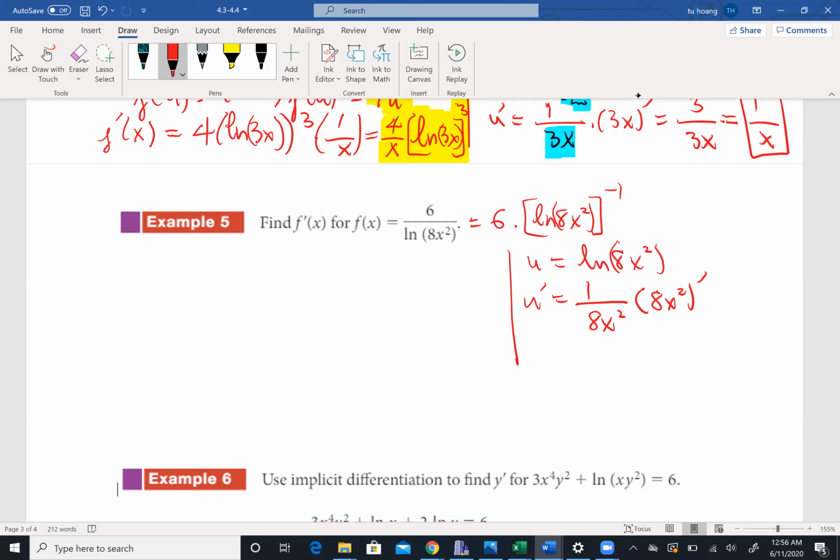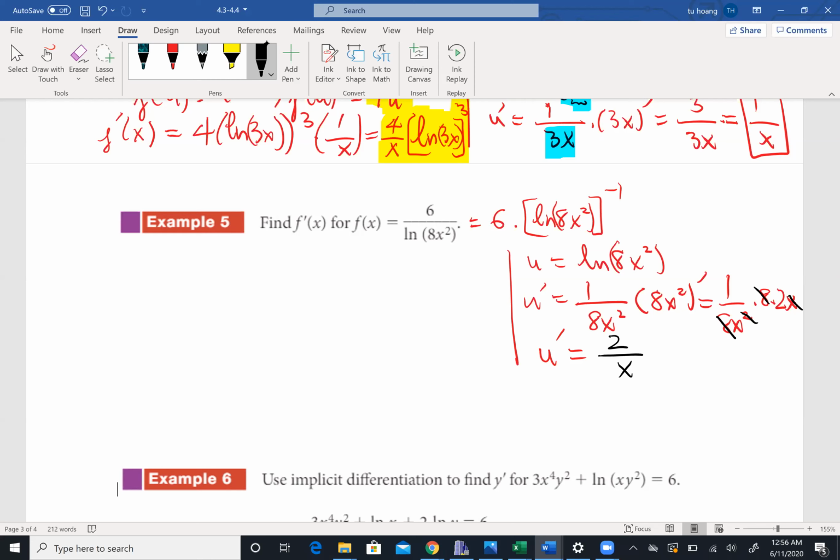Okay, so I would like to have 1 over 8x squared times 8 times 2 times x. And if I want to simplify, I have 8 here, cancel this 8, and this x squared becomes x. Okay, so now I have 2 in the top, bottom is x for the u prime, or the inside derivative.